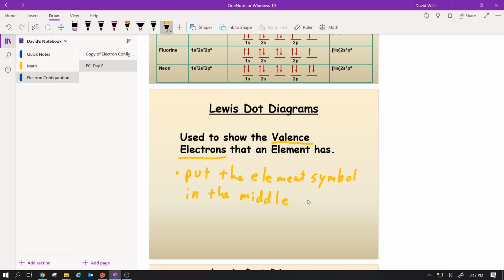The element symbol goes in the middle, and the valence electrons go around the outside. Okay?